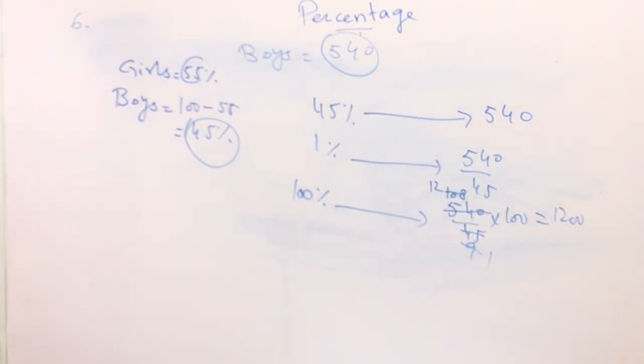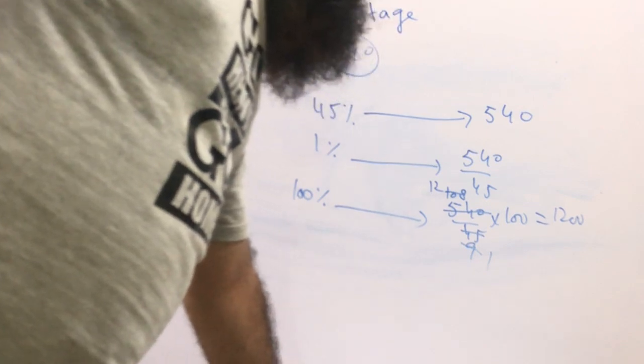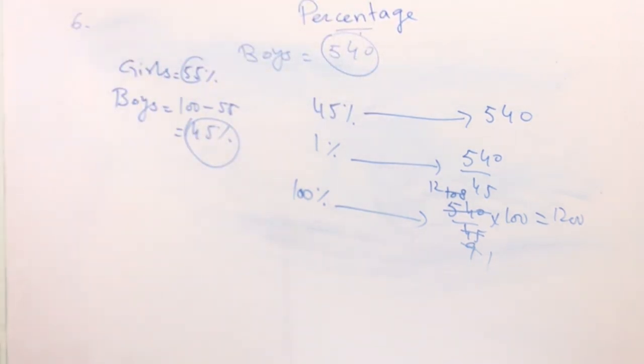I'll recap. It is mentioned in the statement that in the primary school, 55% of the pupils are girls. There are 540 boys in the school. How many pupils are there in the school? We know that 55% of the pupils are girls, but we don't know the number of girls in that school. What we know is the number of boys, 540.